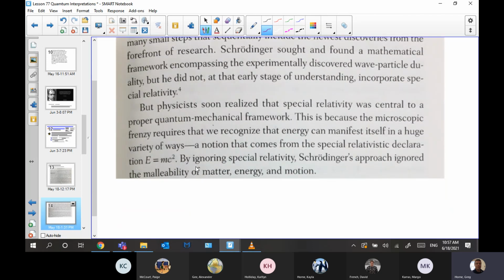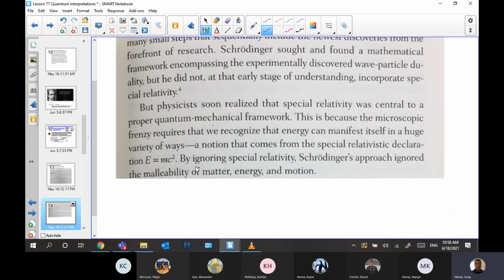So physicists soon realized that special relativity was central to a proper quantum mechanical framework. These two realms should coexist. And this is because the microscopic frenzy requires that we recognize that energy can manifest itself in a huge variety of ways, a notion that comes from special relativity and E equals mc squared.